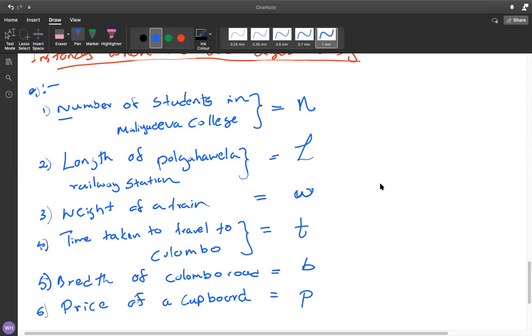Since we discuss a number, we start with simple n. That's why I put this.